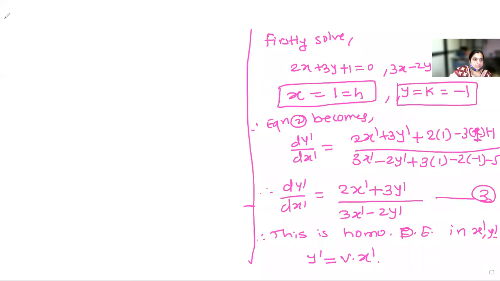So equation 3 becomes, before that tell me what is the derivative with respect to x dash. Therefore dy dash by dx dash is equal to v into derivative of x dash with respect to x dash, which is 1, plus x dash into dv by dx dash.